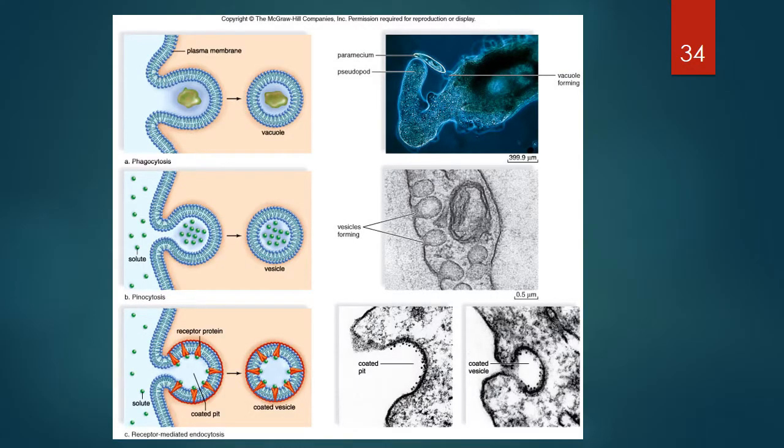So here is our phagocytosis. Just to give you an image of that, I'd like you to take a minute to look at it and make sure you understand how that works. Should be a review for you.